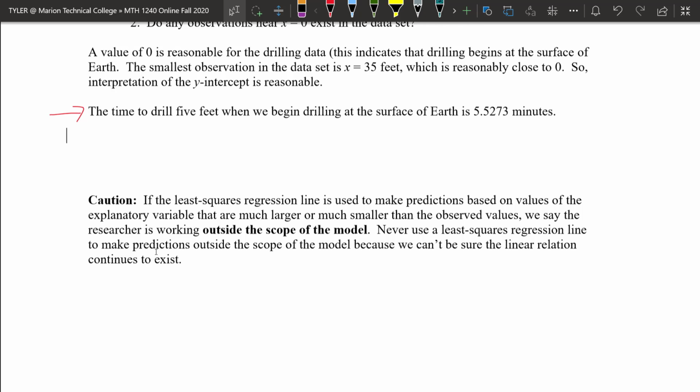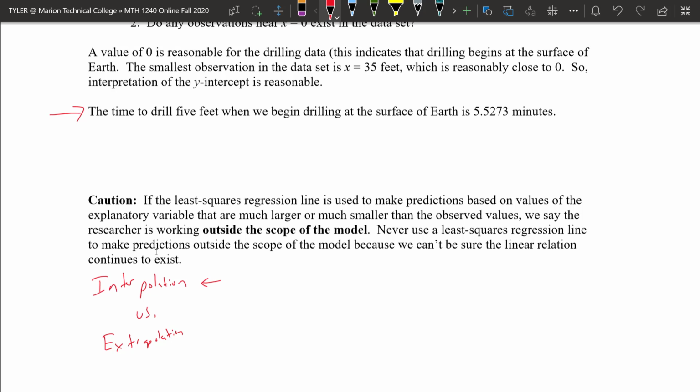So typically what we think about there is interpolation versus extrapolation. These are two terms that we typically talk about here.